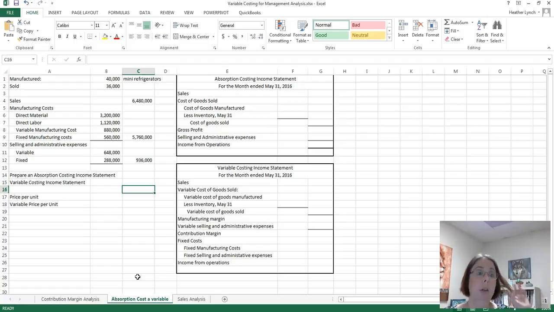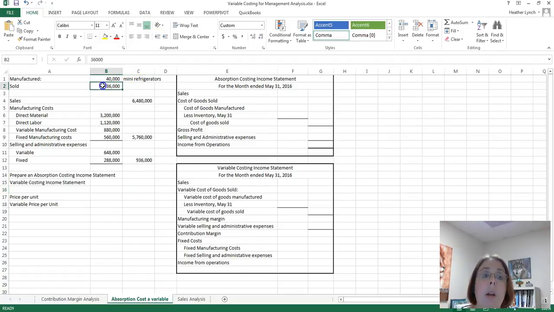So now on here, we need to prepare an absorption cost income statement and a variable cost income statement. And I've used a format that we do in the textbook. Here we manufactured 40,000 mini refrigerators. We sold 36,000. This information was given to us. We had the 6,480,000.